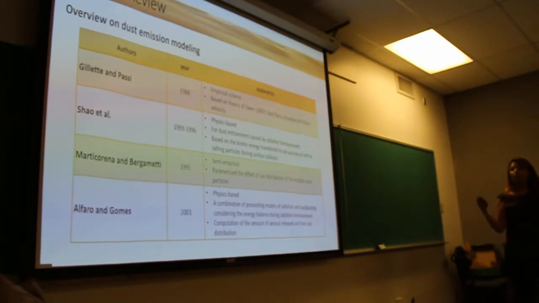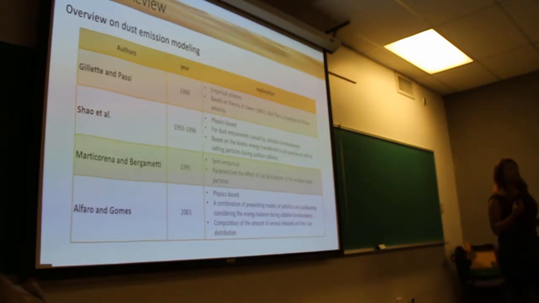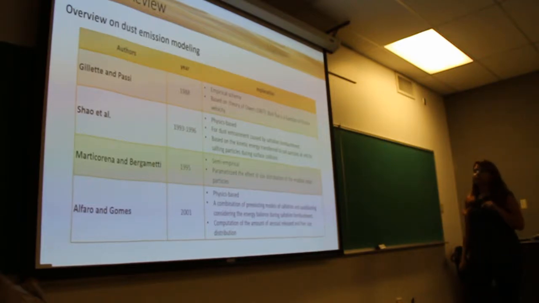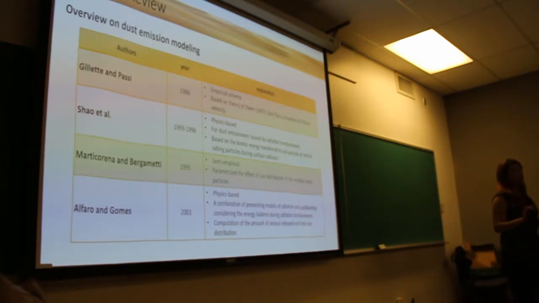So then Shao and Alfaro and Gomes started working on physics-based models. These were size-resolved dust emission schemes, and we had information about the size of the emitted particles. The main mechanism of dust emission in these schemes was saltation bombardment.